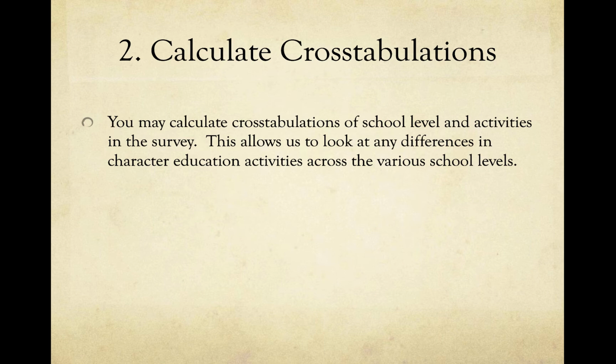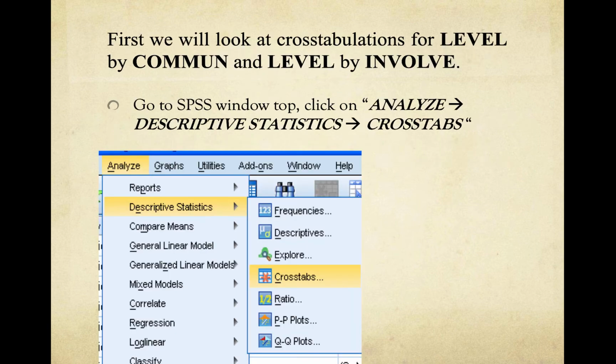So for what we're working with right now, we can calculate crosstabulations of school level with activities in the survey. This allows us to look at any differences in the character education activities across the various school levels. All right, so in SPSS, we want to look at level of school by community and by involvement.